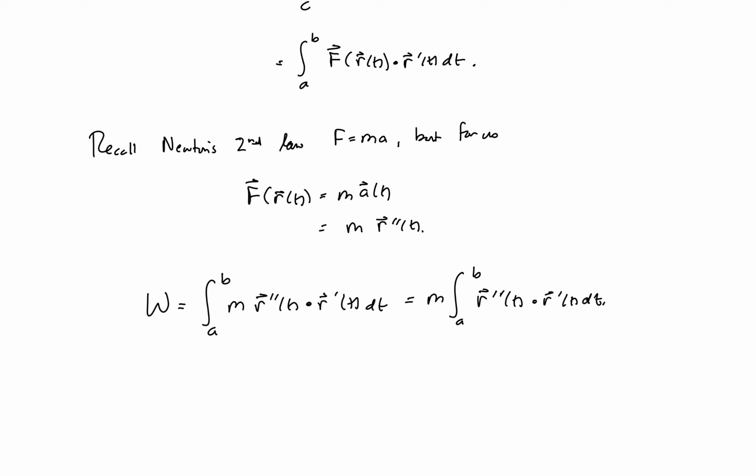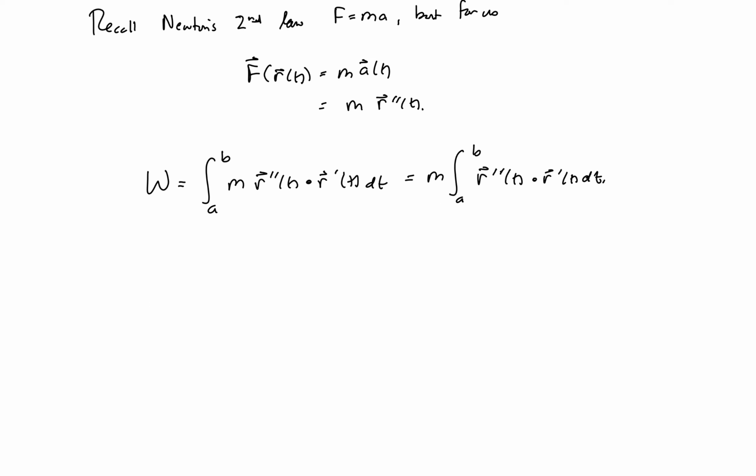Now this isn't so helpful yet, but we want to notice a trick here. If I take the derivative of the dot product of r prime of t with itself, the derivative works just like the product rule, only with dots.